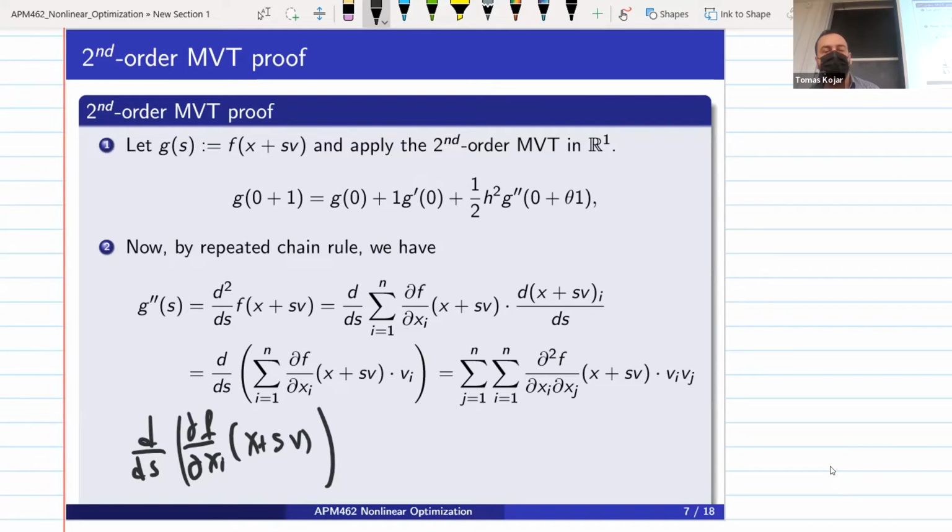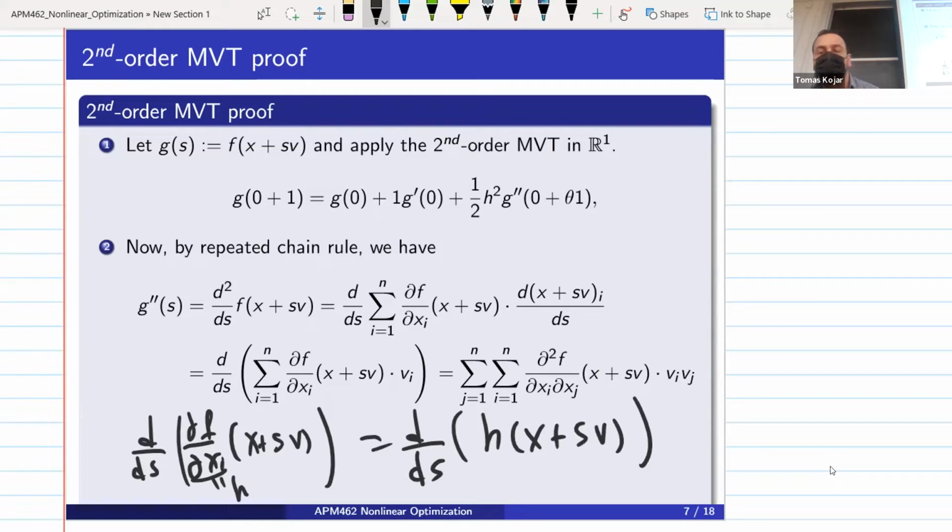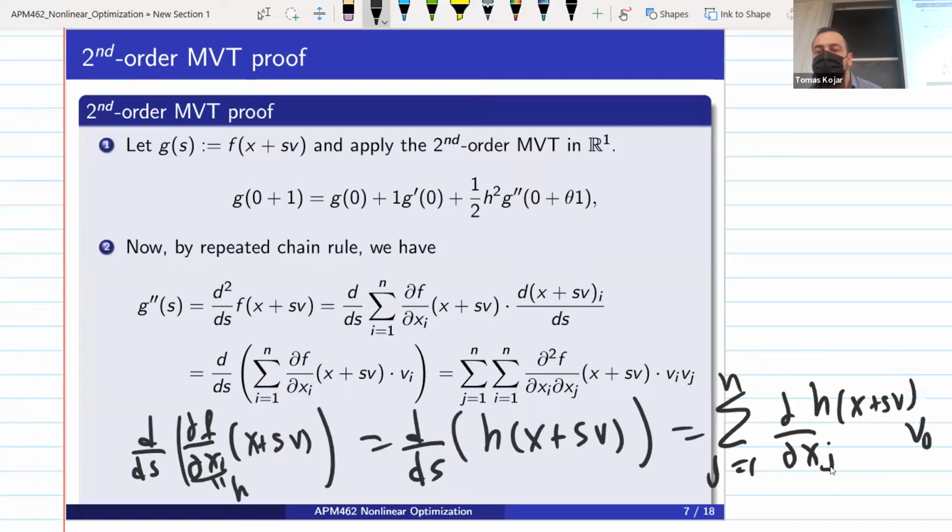That's why the J comes in. So call this H, so d/dS of H(X plus SV). Then I apply the total derivative, so I get the sum over j from 1 to n of partial Xj of the function at X plus SV, times Vj. Is that okay? Okay, good.